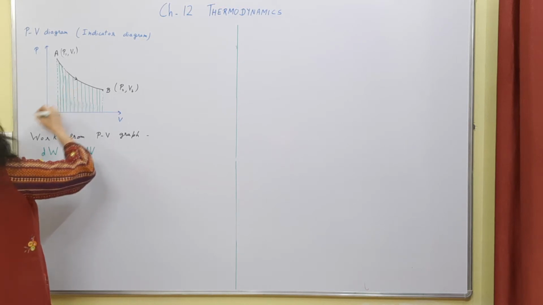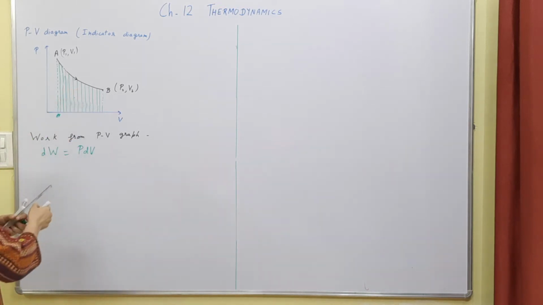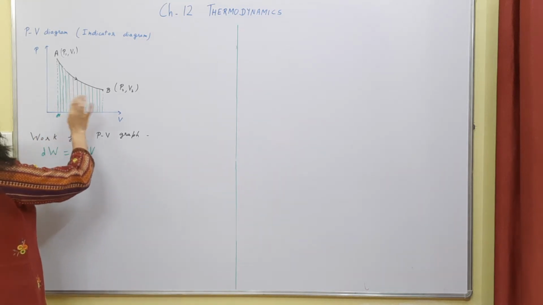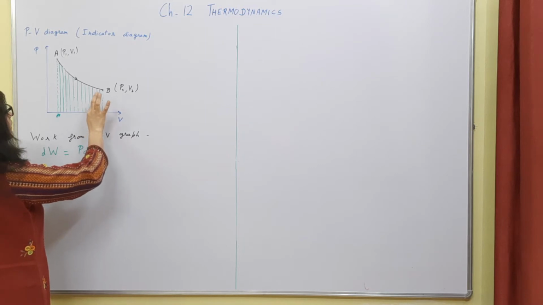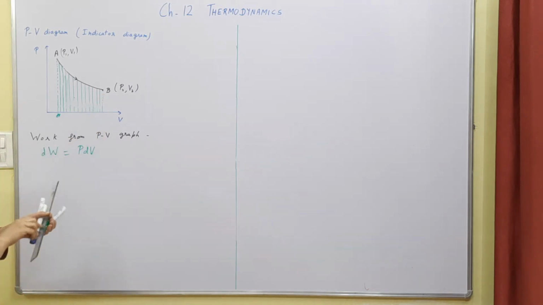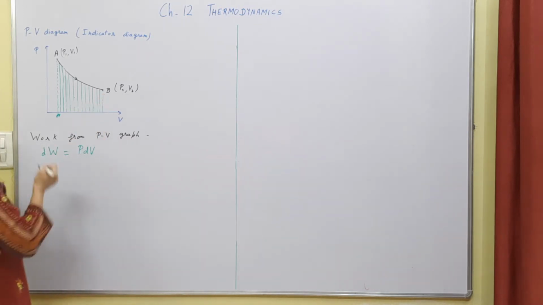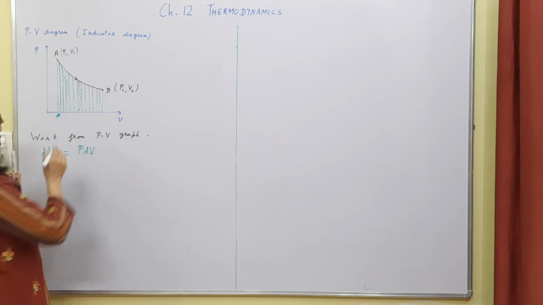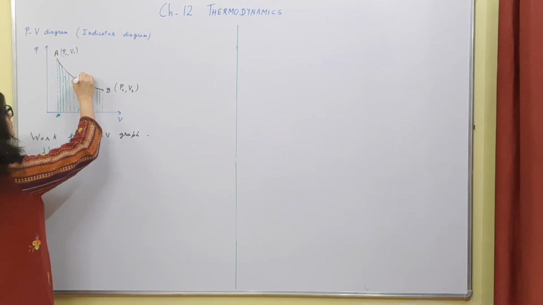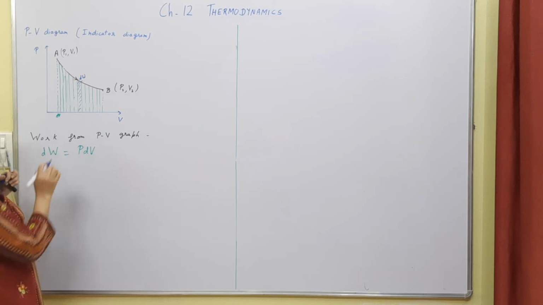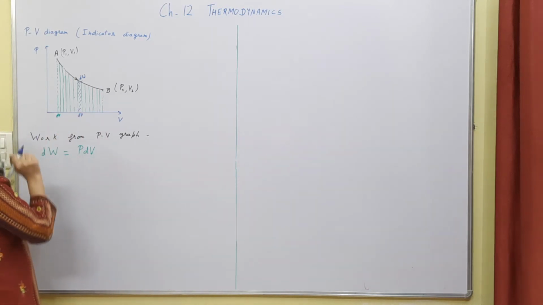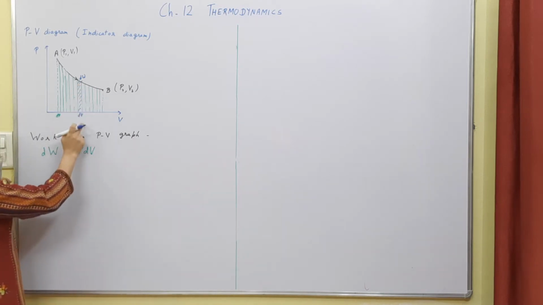Why so? Let's suppose for one strip, the work done is dW. Let's take this strip, and suppose the work done for this transition is dW and dV is the volume change on the volume axis. So we can write dW is PdV.